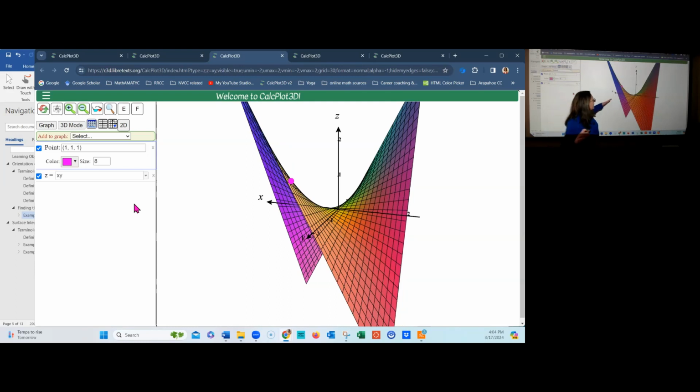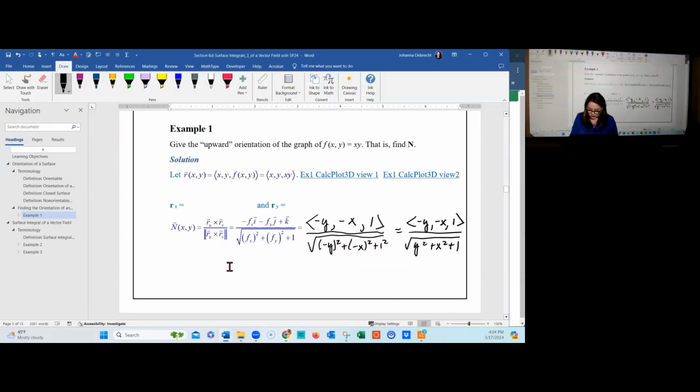Now I want the vector to point generally up in the direction of the positive z-axis. In this case, we found our vector, which is given by negative y, negative x, 1, over the square root of y squared plus x squared plus 1. Since I'm evaluating this at the point 1, 1, I want to find the normal vector at 1, 1.